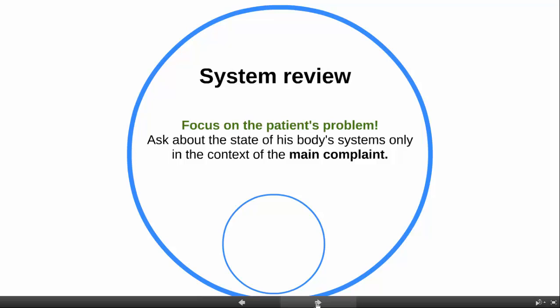For example, if the patient has sore throat, I will definitely ask about his other ENT organs, maybe about his teeth, and maybe about his heart problems. If the patient has chest pain, I will definitely ask about the system of lungs and heart and maybe the digestive system and maybe other systems. So every symptom, every main complaint requires a different system review.